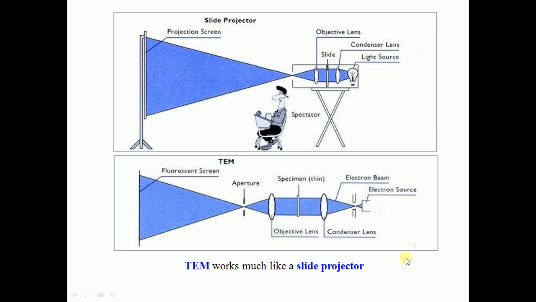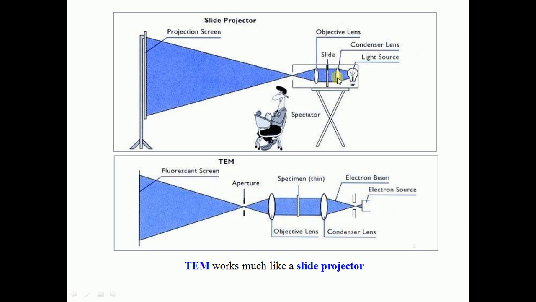If we see the working principle of TEM, it is very similar to that of a slide projector. Those who have seen the slide projector, prior to LCD projector, there were slide projectors, and we used to put the slides between the light source and the screen, and we get the magnified image. So for getting a magnified image of the matter on the slide, you need a light source, and then condenser and objective lens.